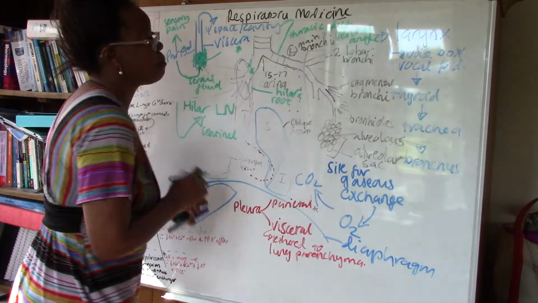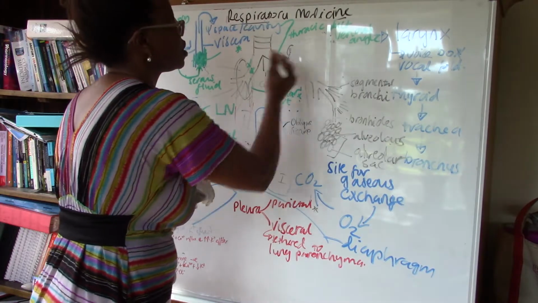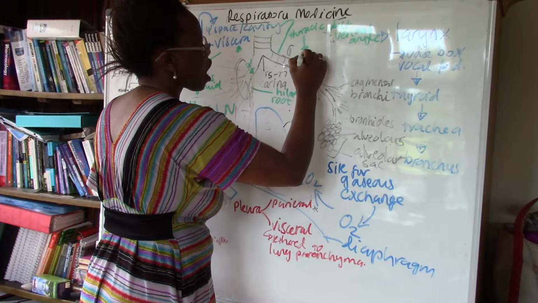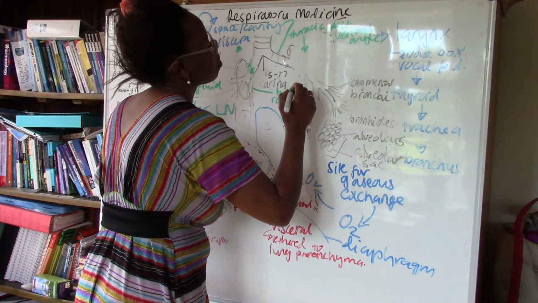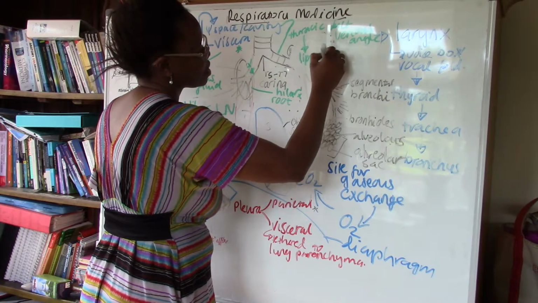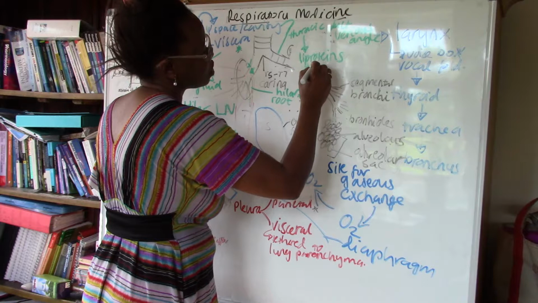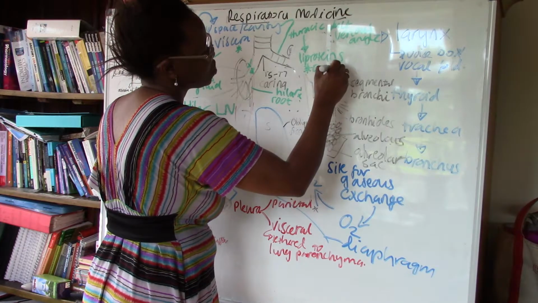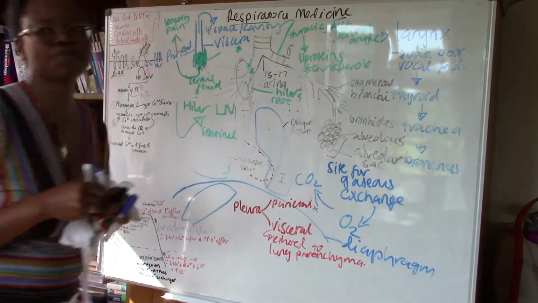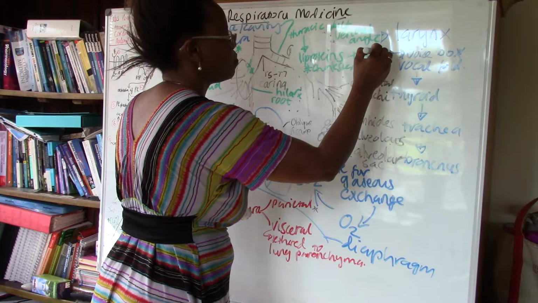The important bit about the thoracic duct is that it carries lipoproteins and things which cause cholesterol. It's used for the absorption of lipoproteins from the GI tract.